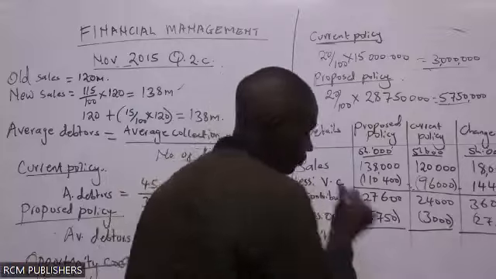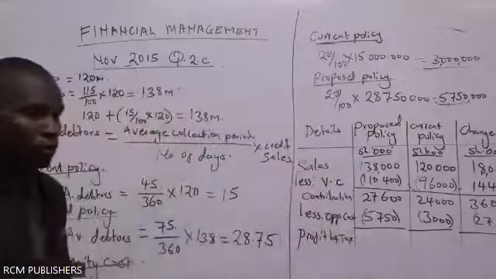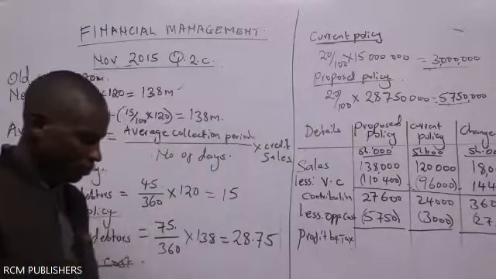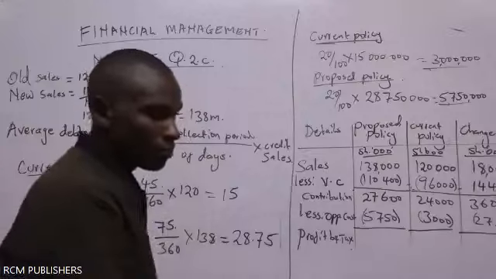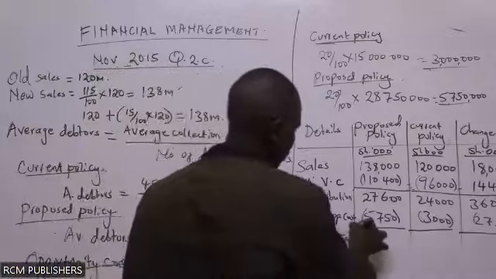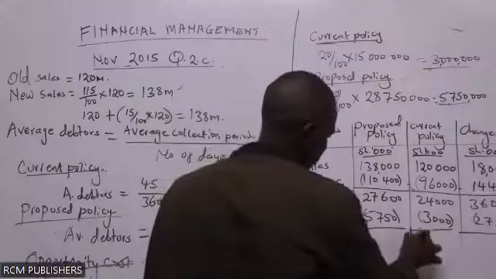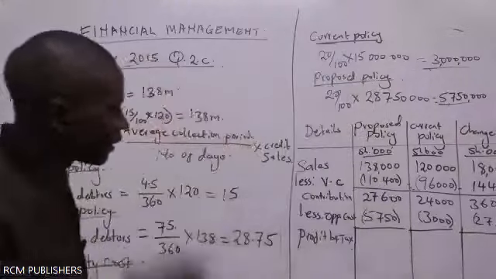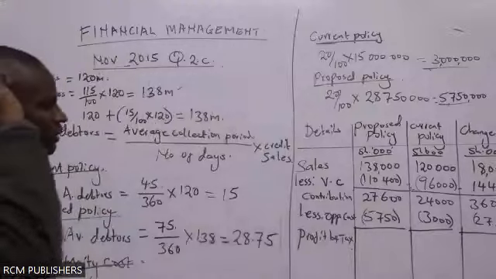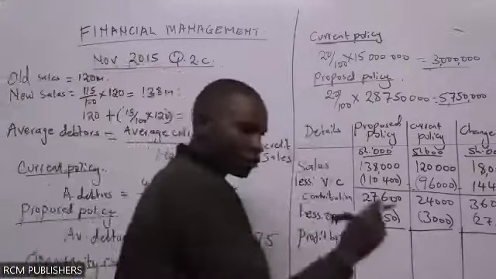So give me the profit before tax for the proposed policy. Ngapi? Anachukua tu hiyo 27,600 na toa 5750. 21,850.